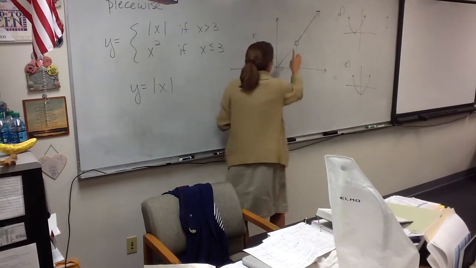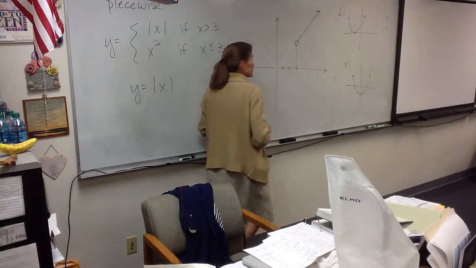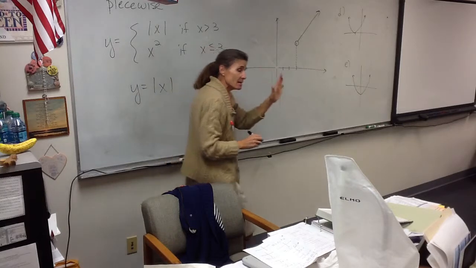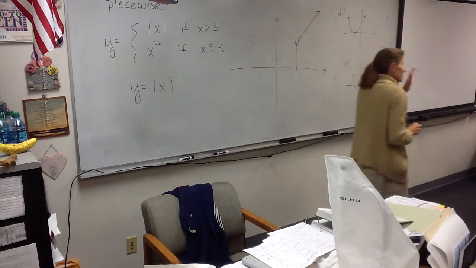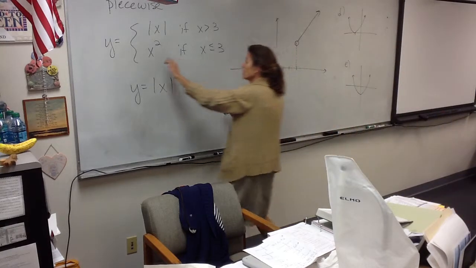That way. So I erase this part of the curve. That's why we use pencil, so we can erase. I don't want the rest of that V. I only want the part of the V where the x's are bigger than 3. Got it, Bryce? Now, I'm going to put that on hold. I'm going to forget about that, and I'm going to look at this one now.